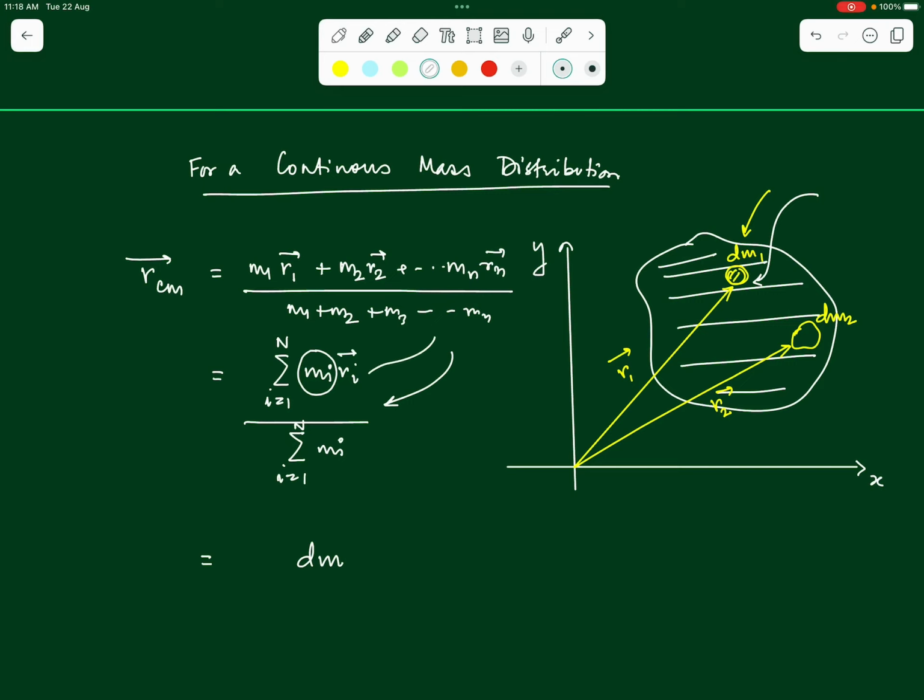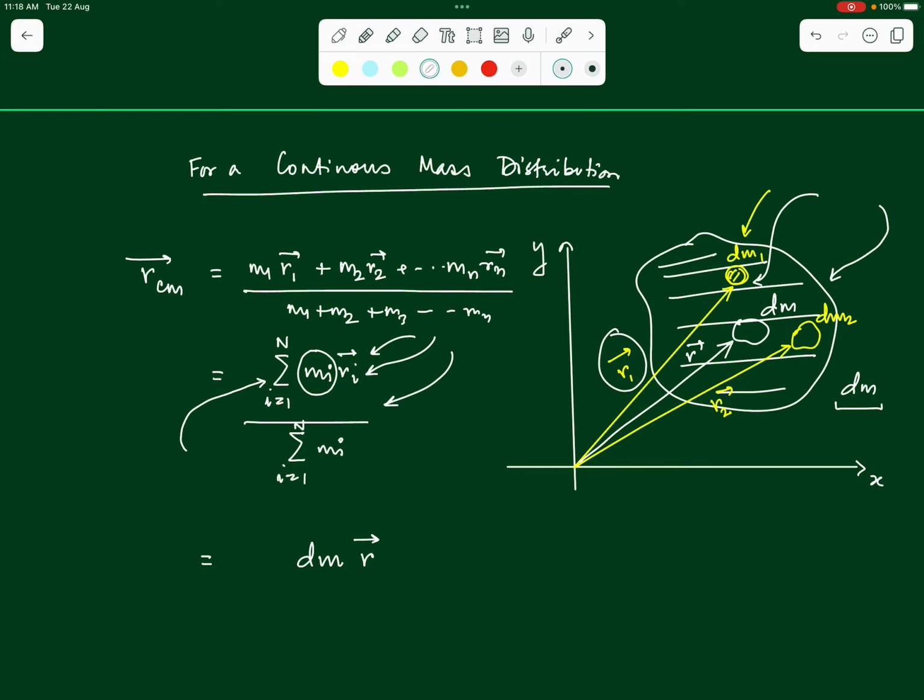and the respective position of that mi will be replaced by the respective position of the mass dm that we have taken. So in general, if we have a mass dm over here having a position vector r, can we say that instead of mi we'll write dm, instead of the position vector ri we'll just write r, vector r, which is the position vector of the mass dm, and then instead of adding the terms 1 to n for an n particle system, here when we divide this into very small masses, almost like infinitesimally small masses, which are the masses whose value is approaching 0, that's the reason why we have written them as dm, isn't it?